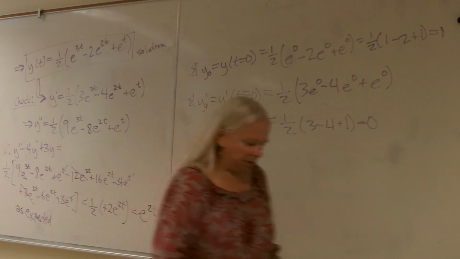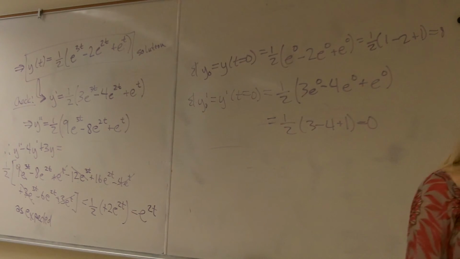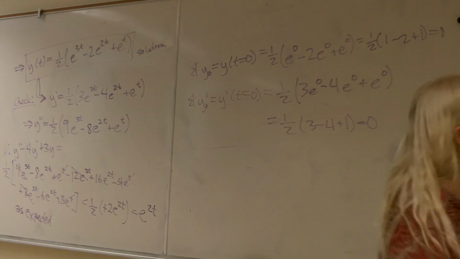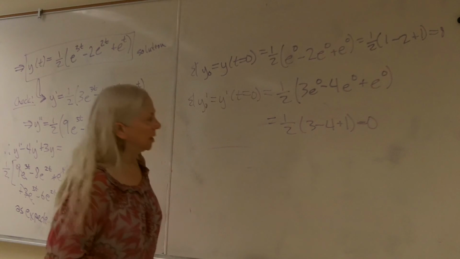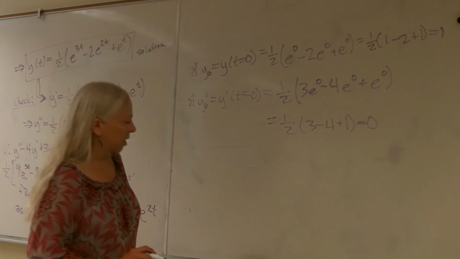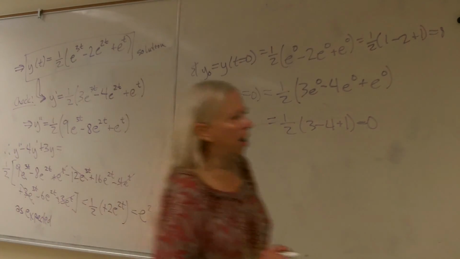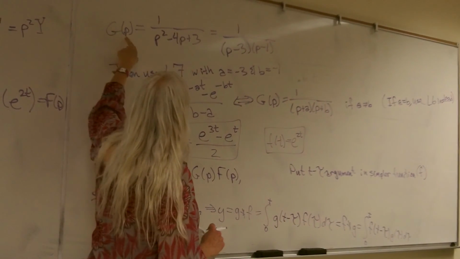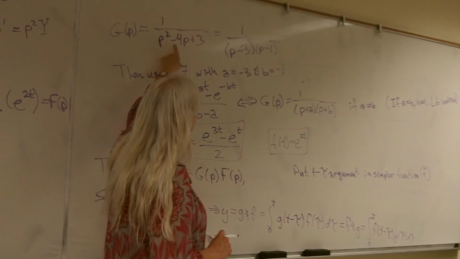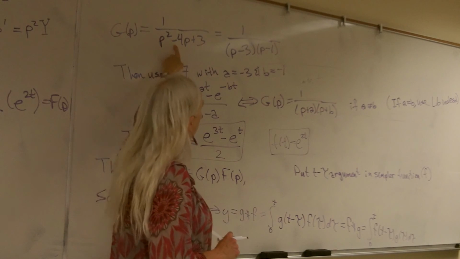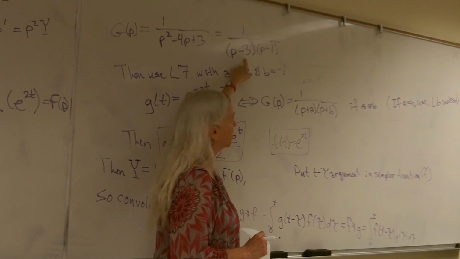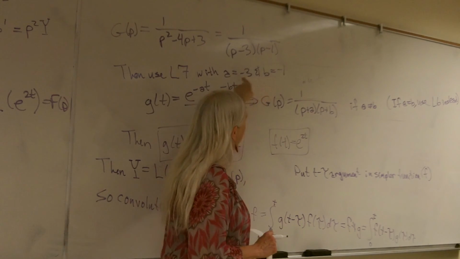So that's an example of how we can use the convolution theorem to help us solve differential equations. Remember, we use table entry L7 in this case. When we were finding this function capital G of P, remember we originally got it in this form, and our next step was to factor it and to look at what these A and B's were.